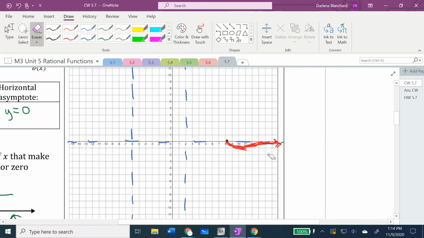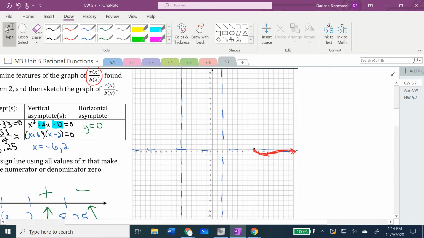I'm going to erase this highlight out of the way and then point out that that is telling me that I am existing only along here. I must follow the vertical asymptote on its right side. This forces me to have to, on the right side of that vertical asymptote, head up.